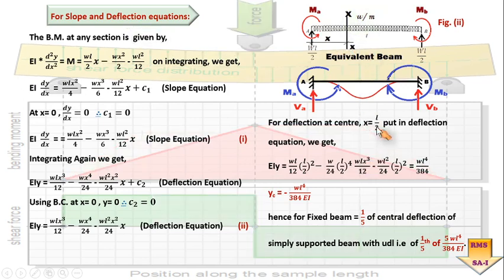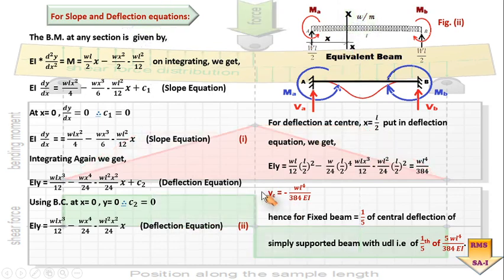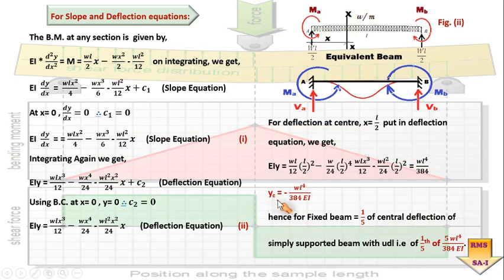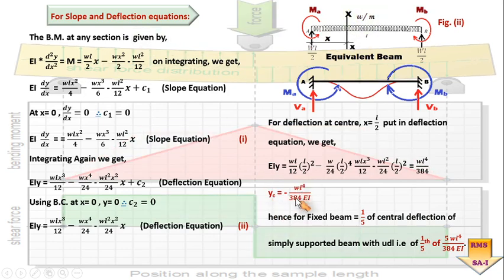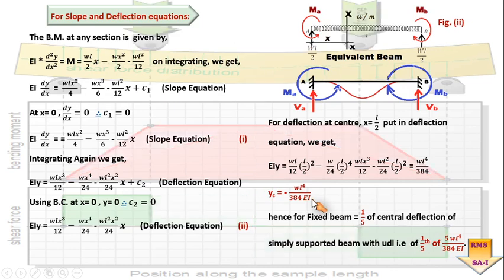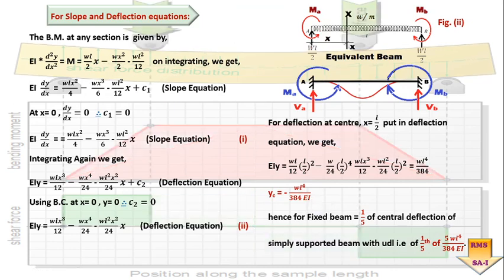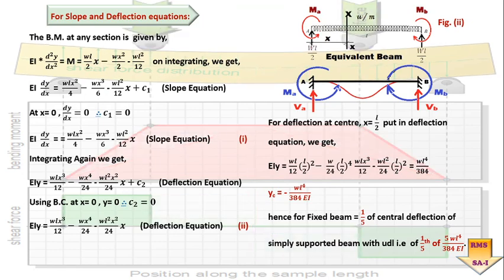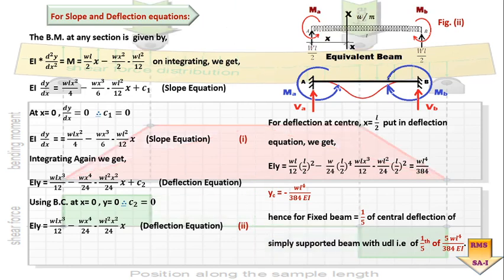Substituting x is equal to L by 2 in this particular equation of deflection, I will be getting a value of deflection at the center, which I have called yc is equal to minus W L raised to 4 by 384 EI. Once again, we can compare the deflection of a beam which is simply supported imposed with a UDL throughout the span, and this particular fixed beam imposed with the UDL throughout the span.